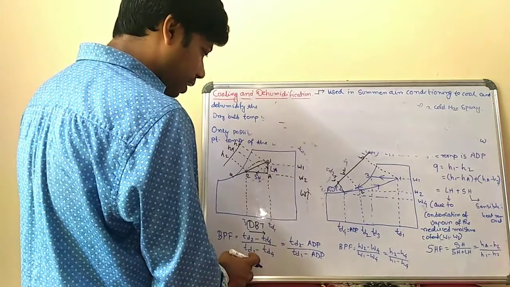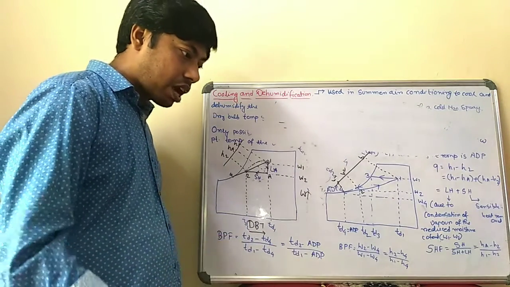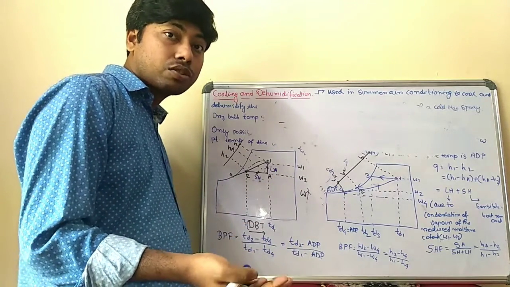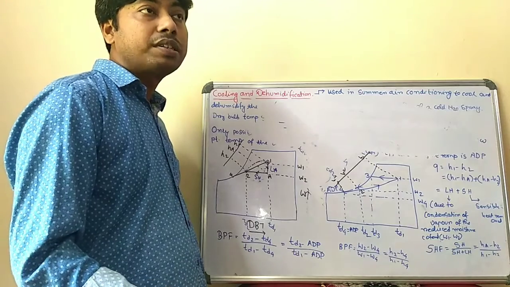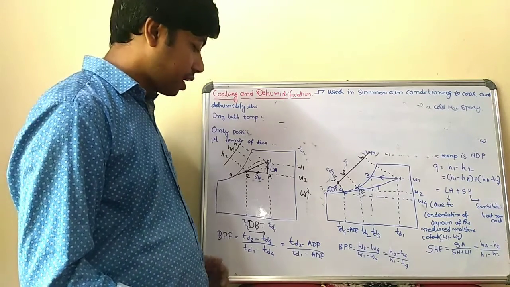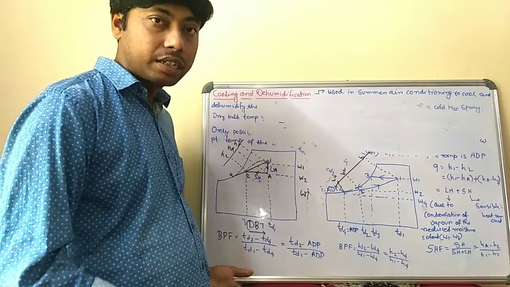That is the bypass factor, because in the cooling and dehumidification process it is not 100% because of the inefficiency of the cooling coil. If it were 100% efficient, the dehumidification process would be done 100%.